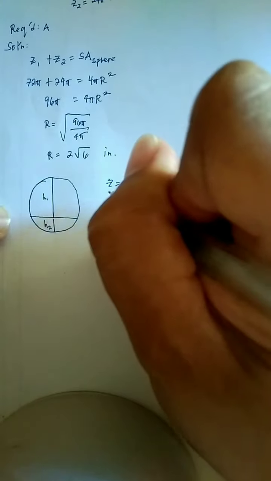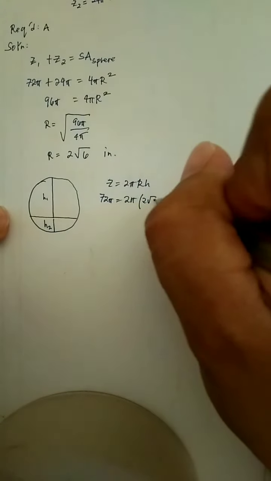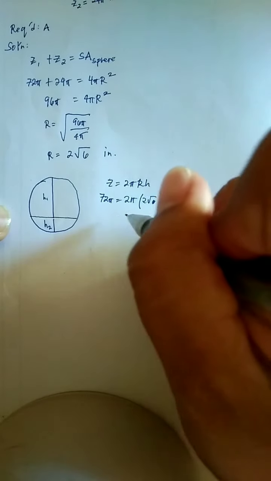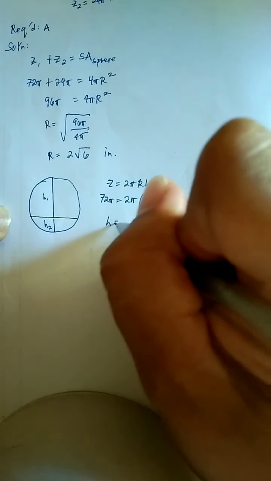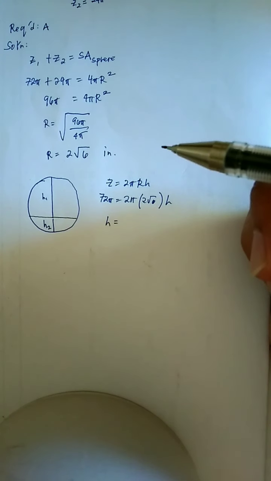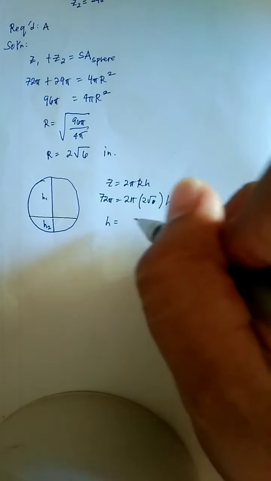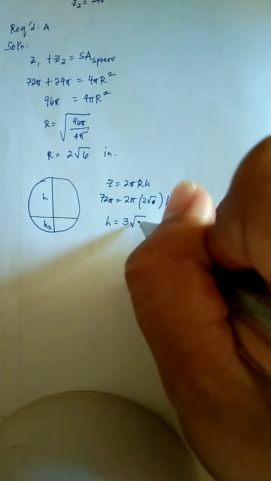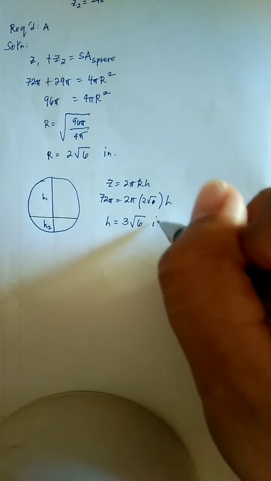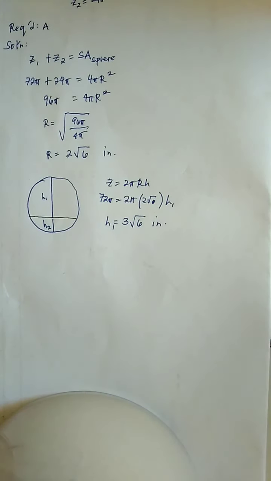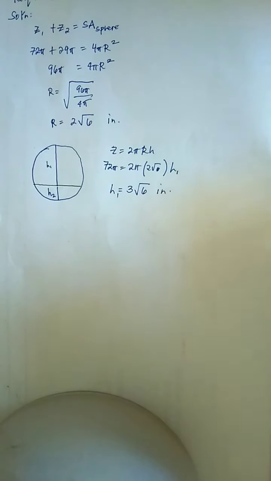So 72 pi is equivalent to 2 pi times 2 square root of 6 times H. So H therefore is equivalent to 3 square root of 6 inches. Or that's H1, rather. So 3 square root of 6 inches.